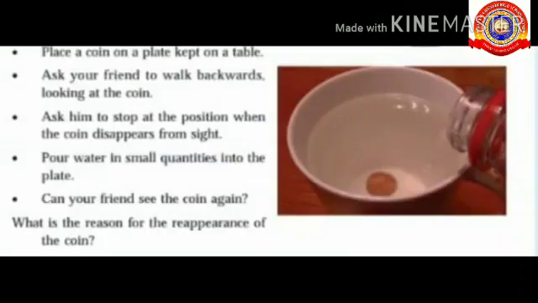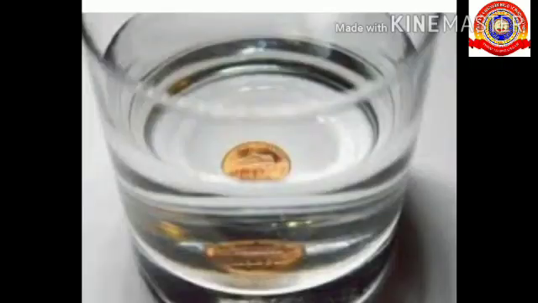There is another activity in your textbook. Place a coin on a plate kept on a table. Ask your friend to walk backwards looking at the coin. Ask him to stop at the position when the coin disappears from sight. Pour water in small quantities into the plate. What happens?